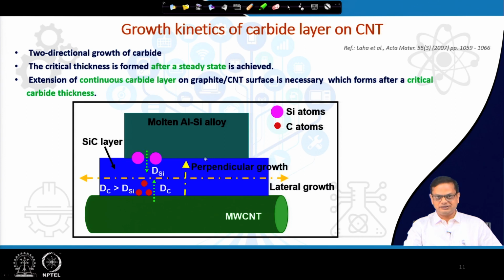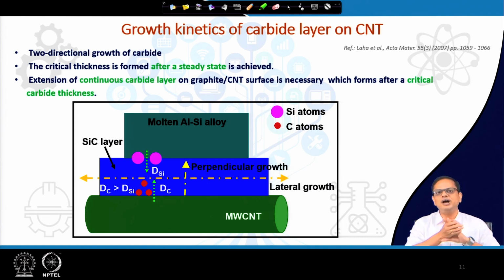At that critical thickness, this perpendicular growth will stop, and only the lateral growth will take place. So, critical thickness is important because it is the thickness where the growth in the perpendicular direction stops. And why are we interested in this particular critical thickness?